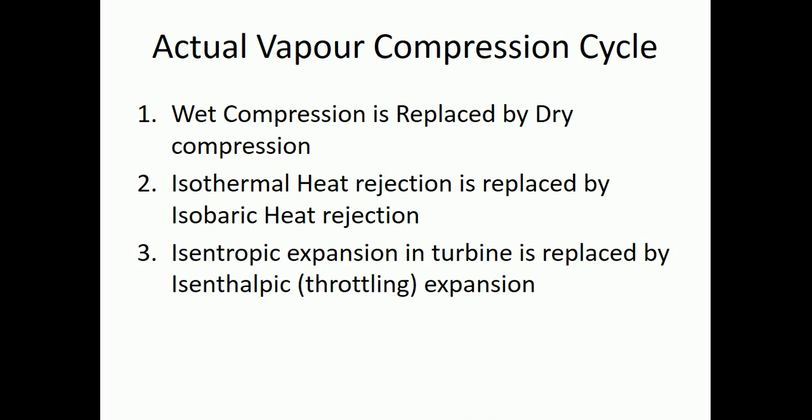By desuperheating we mean an isobaric heat rejection. So there is no intermediate pressure, and we don't need a second compressor, which was required in the Carnot cycle with isothermal heat rejection. That is replaced in the real compression cycle by isobaric heat rejection.